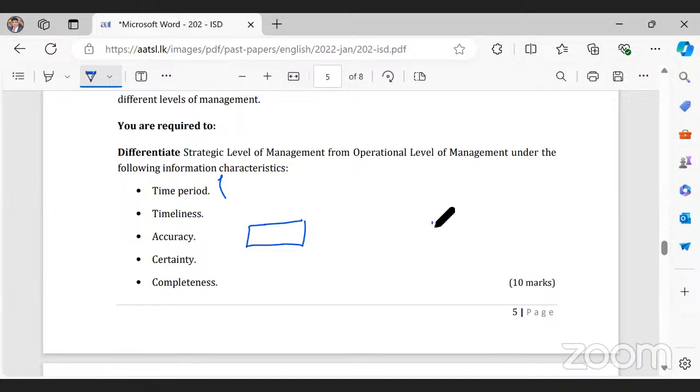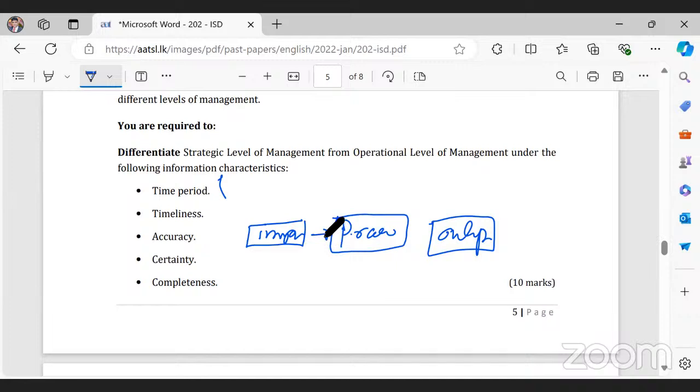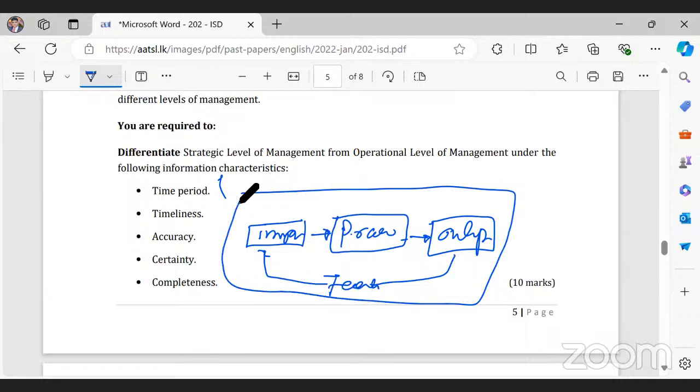You have input, output, process, right? Input, output, and there is a feedback, and there is a boundary, and finally an interface connecting internal and external environments.